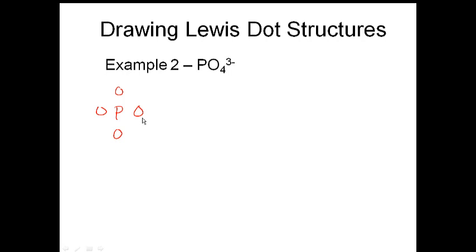And in this case, the phosphorus could have 4 bonds, or it could have 5, because phosphorus can form an expanded octet. But let's write all the possible structures for the phosphate ion. So if you want, stop the tape, draw them out, and then I will draw them out here and we'll see if you're correct.